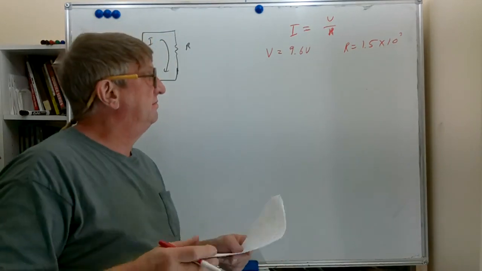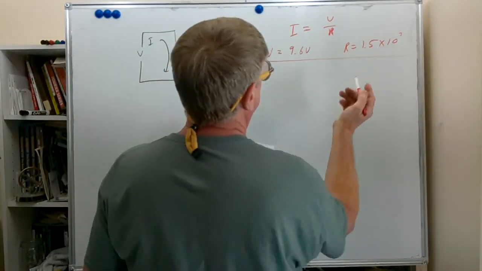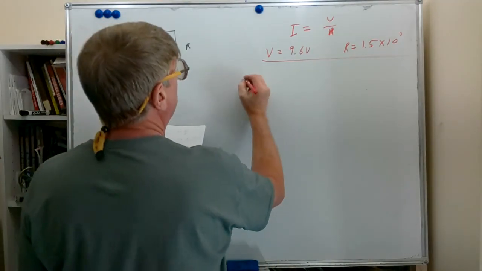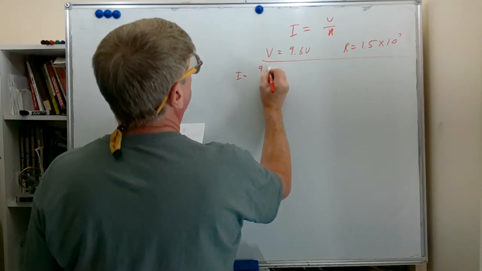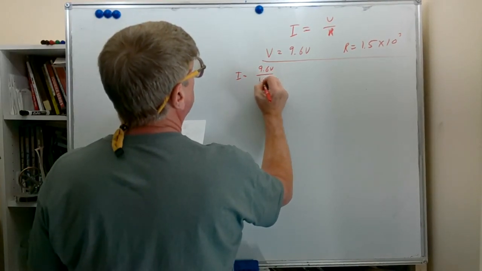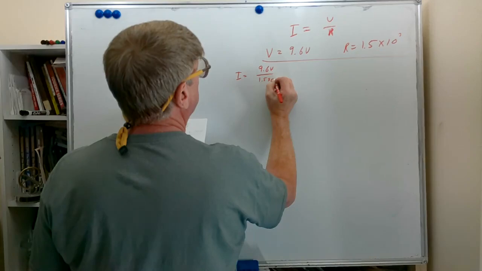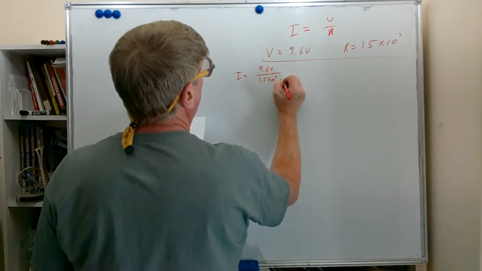let's find the current. We're going to start by taking this formula and substituting some values. I will equal 9.6 volts divided by 1.5 times 10 to the third ohms.